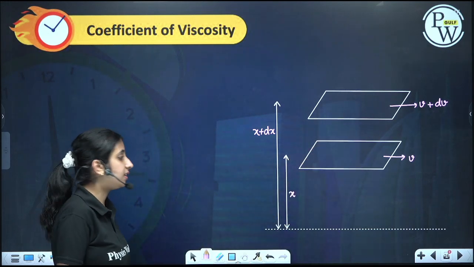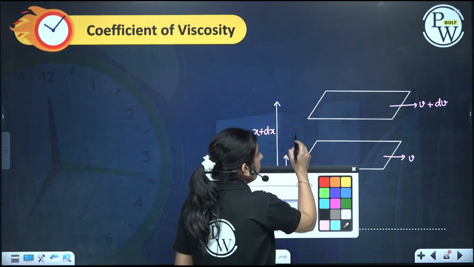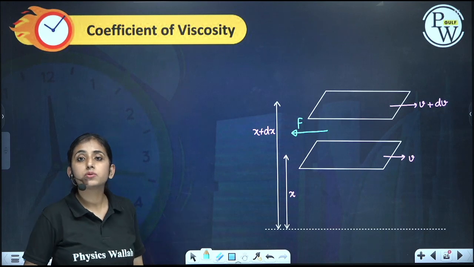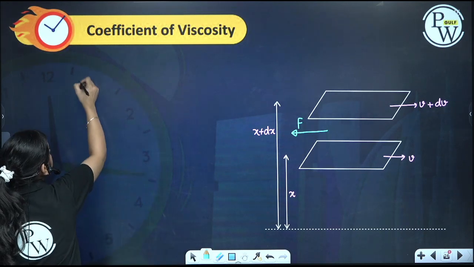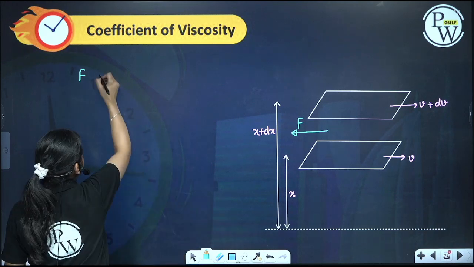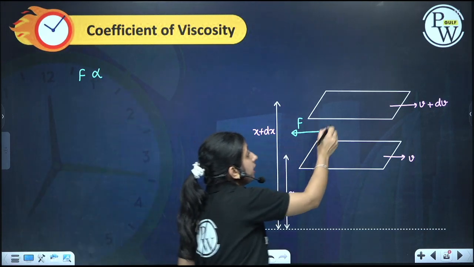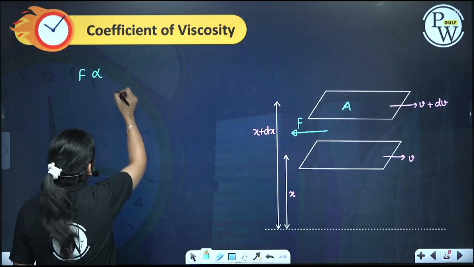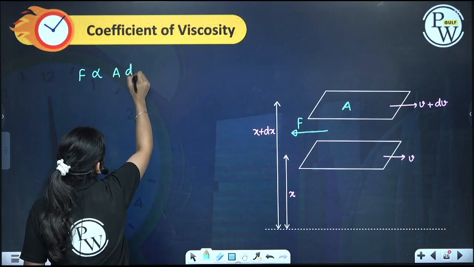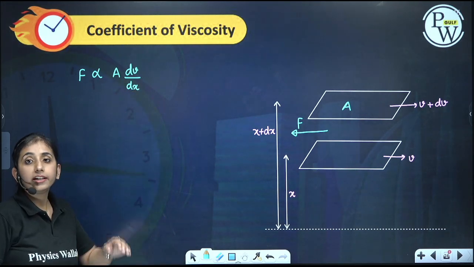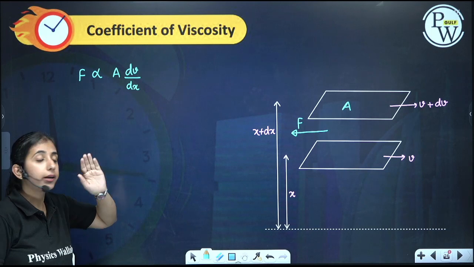Due to this, a backward drag force acts between the layers which opposes their relative motion. We found experimentally that this force is proportional to the area of the layers, and also proportional to the velocity gradient, the change of velocity with respect to distance.